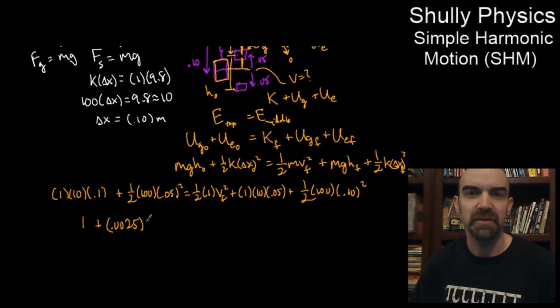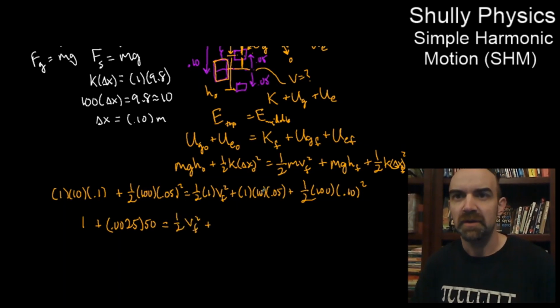Half of 100 is 50. Equals, got a 1/2 VF squared. And 10 times 5/100ths is a half. There's another 50 times 0.1 squared is 0.01.